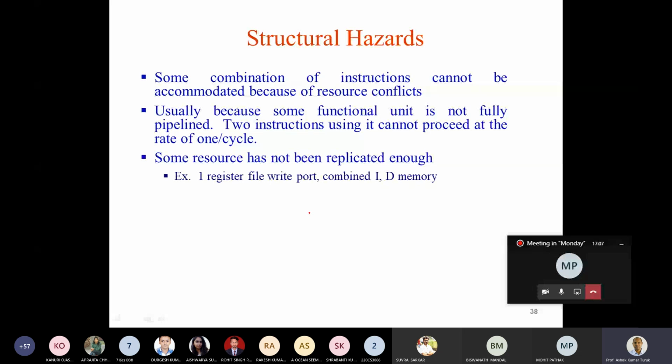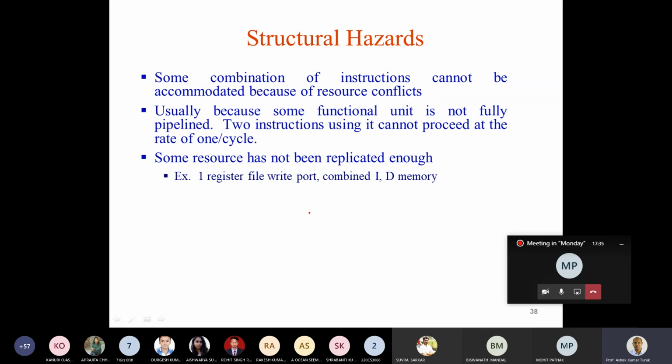Let's look at a unified cache memory. Suppose we have a combined instruction cache and data cache. That's called the unified cache. When the cache was first designed, it was a unified cache, where both the instructions and data are in the same cache. Now let's look at when you're fetching an instruction and when you're fetching an operand.